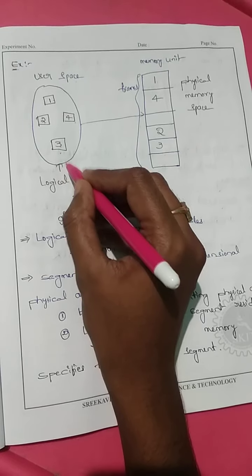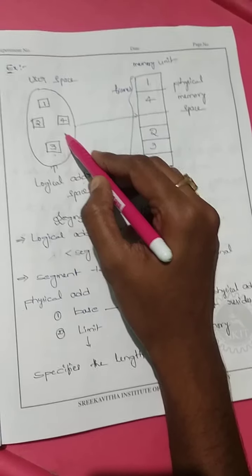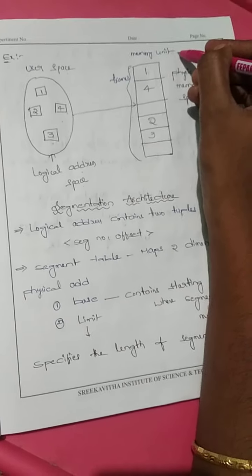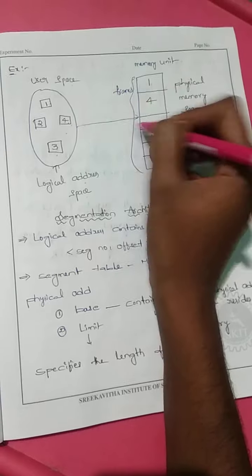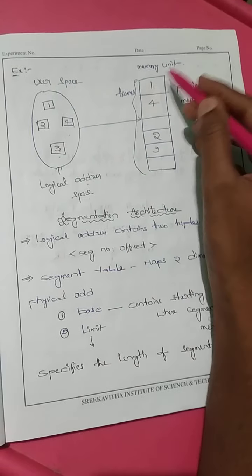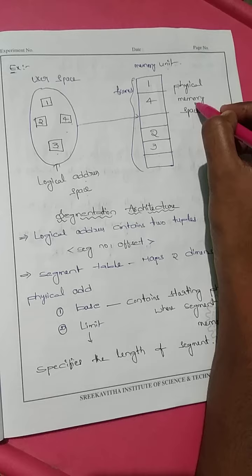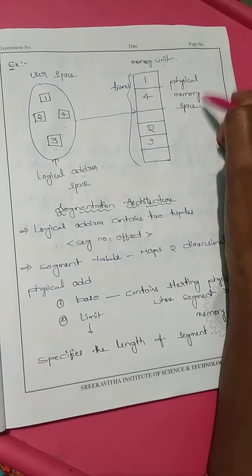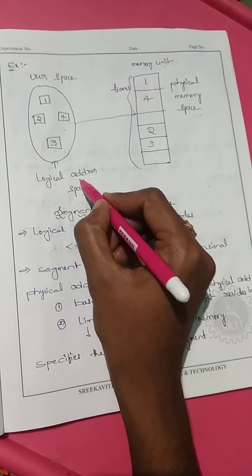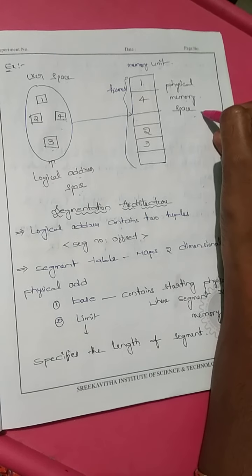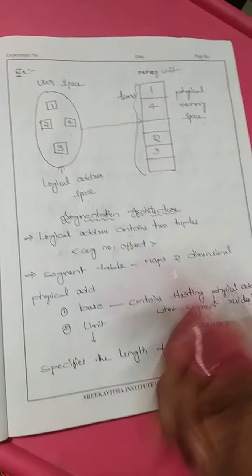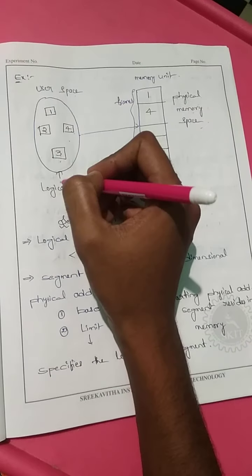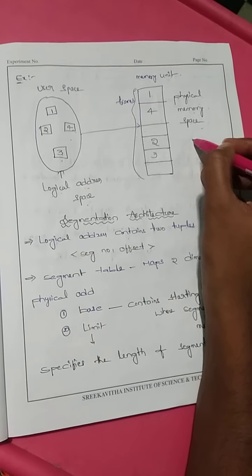The CPU converts it into a logical address, and these segments will be stored as frames in the memory unit. This memory unit you can call the physical memory. Here is the logical address space, and here is the physical address space. The logical address space is created by the CPU, and the physical address space is created by the memory unit. This is called virtual memory, and this is called main memory.